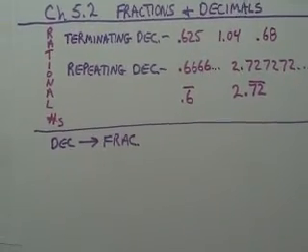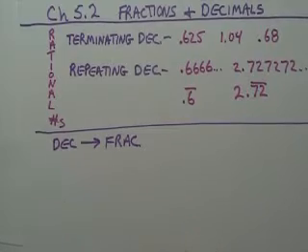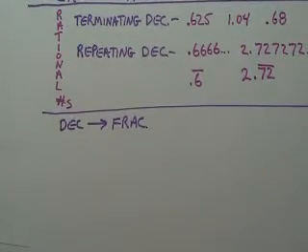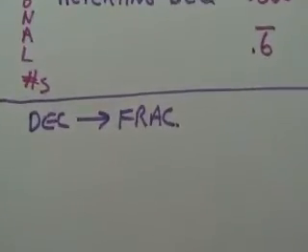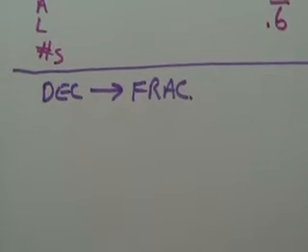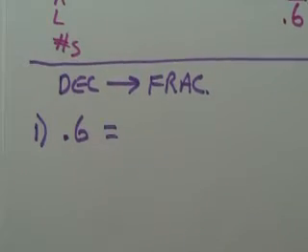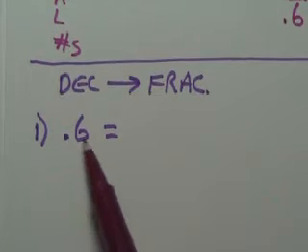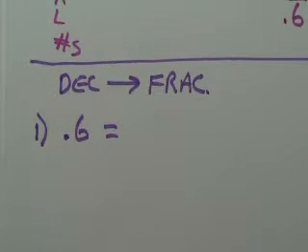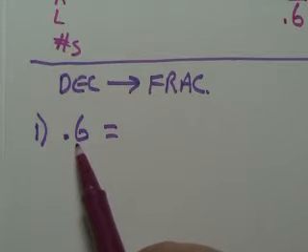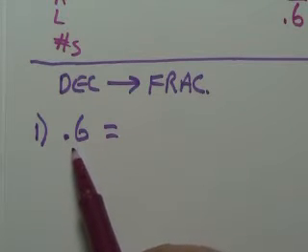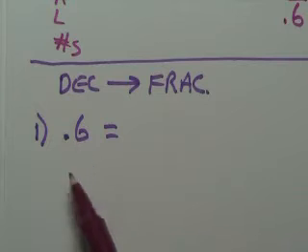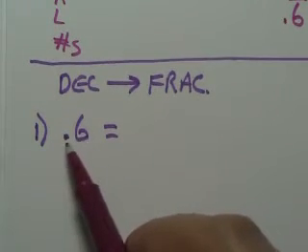Okay, next we're going to convert decimals into fractions. So let's say we have the decimal 0.6 or .6. Now the easiest way of doing this is whatever you see, you need to say it and then write it. So 0.6, if you were to say it in decimal terms, is 6/10.